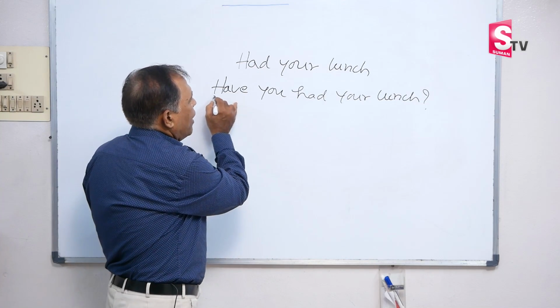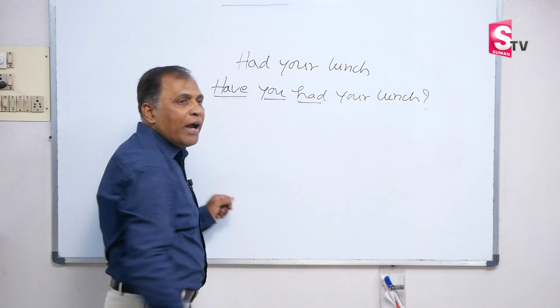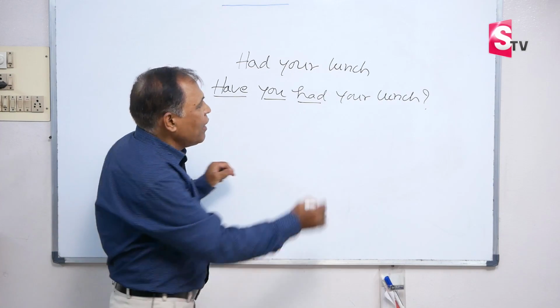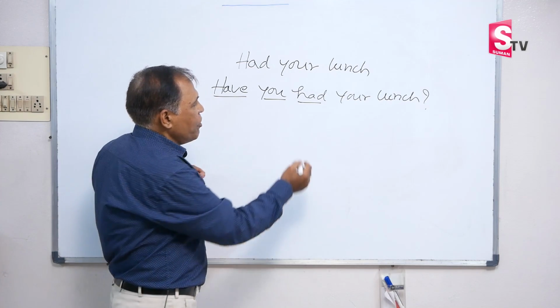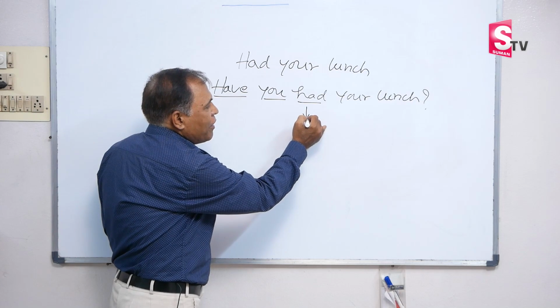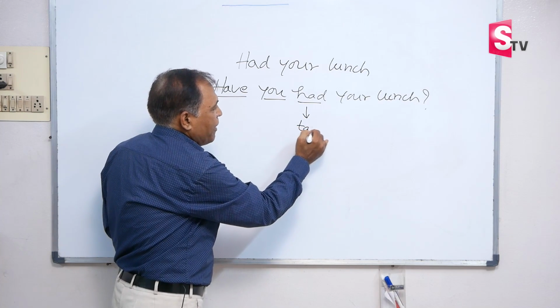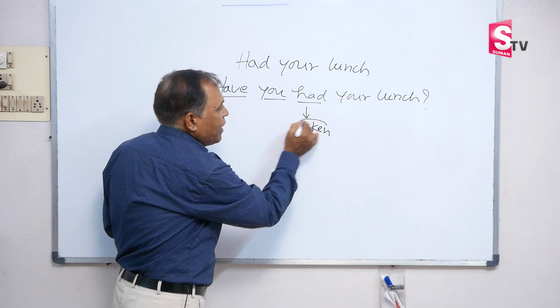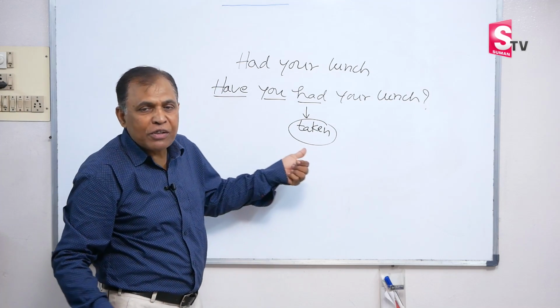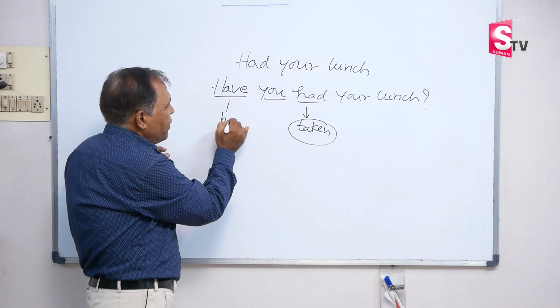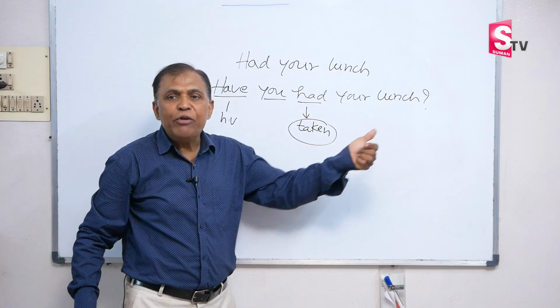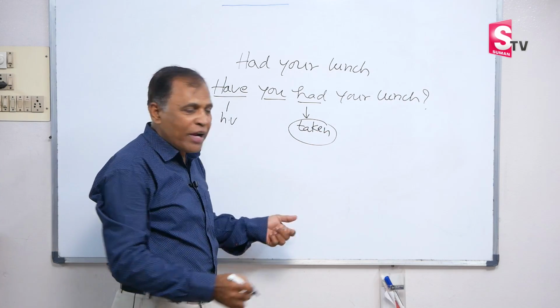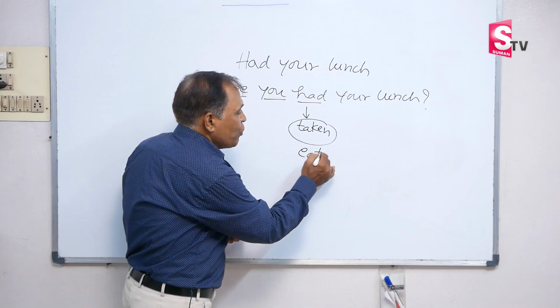So here, have you had? When I say have you had, as we understood in our previous videos, had here means have you taken. Here it gives the meaning of action word. Here this is the helping verb. Have you taken your lunch? Or you can also understand, have you eaten your lunch?